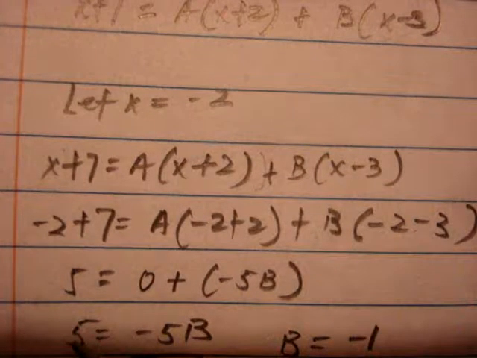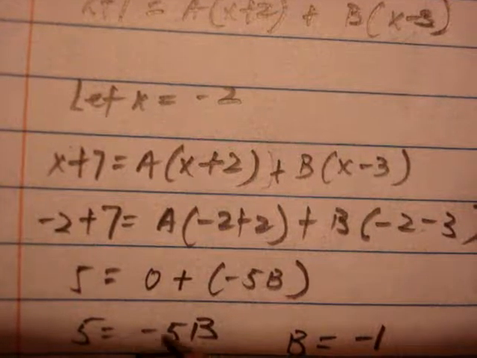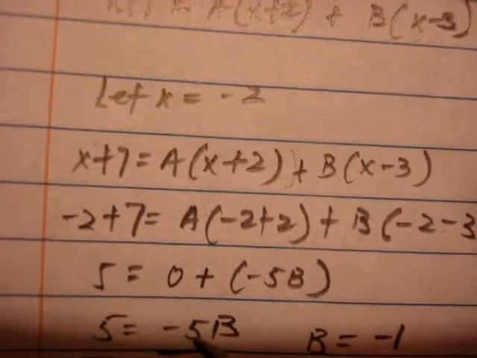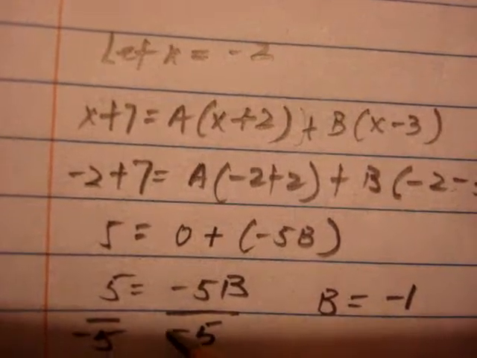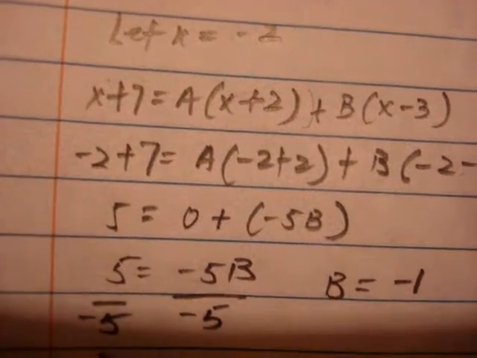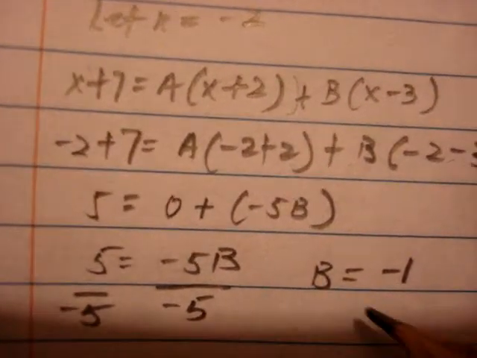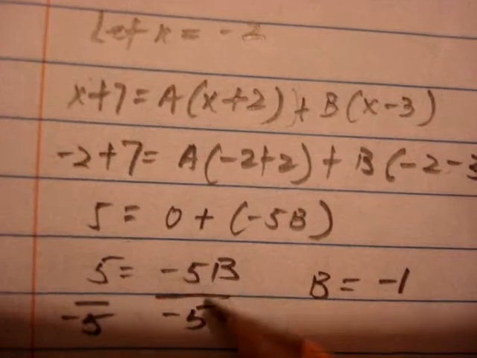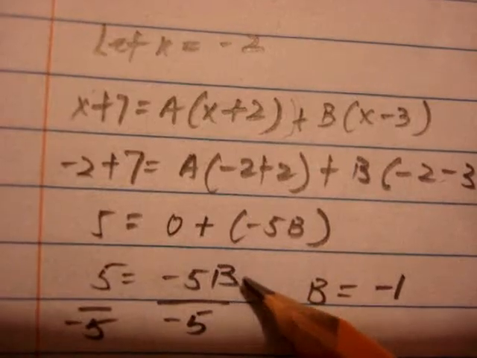So the next step is 5 equals negative 5B. To isolate the B, you divide by negative 5. 5 divided by negative 5 equals negative 1. So B equals negative 1.